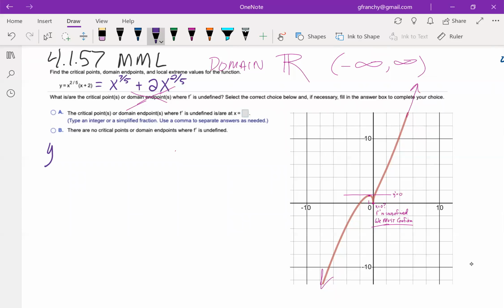So taking the derivative, I get 7/5 x to the 2/5 power, plus 2 times 2/5 x to the negative 3/5 power. Clean that up a little bit.